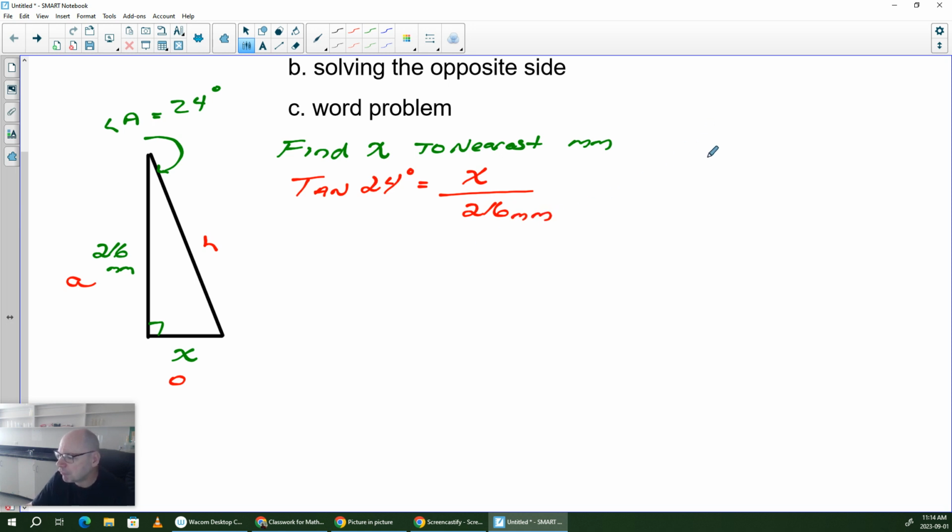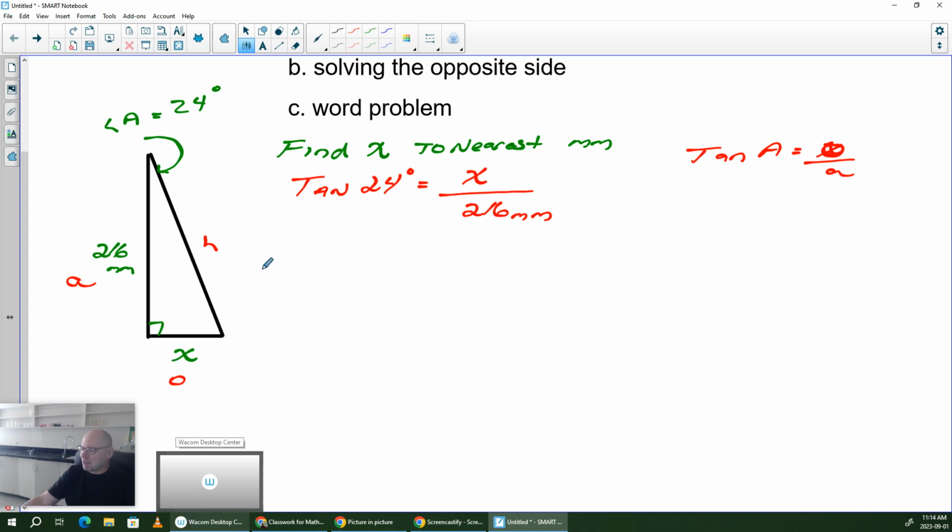If you needed to write that formula out to remember it, it would look like tangent of angle A is equal to O over A, opposite over adjacent. You don't necessarily need to write that every time as long as you write this statement out.